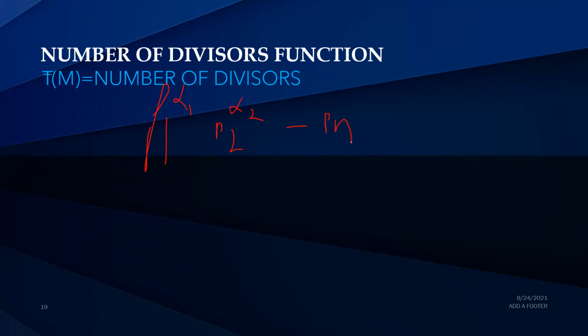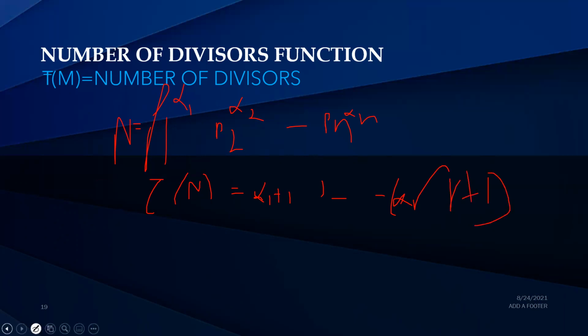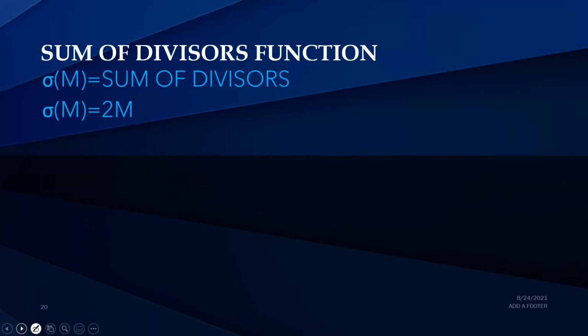Pn raised to alpha n, so tau of n, the prime factorization of n is this, would be equal to alpha 1 plus 1 go on till alpha n plus 1. That's basically the number of divisors function.